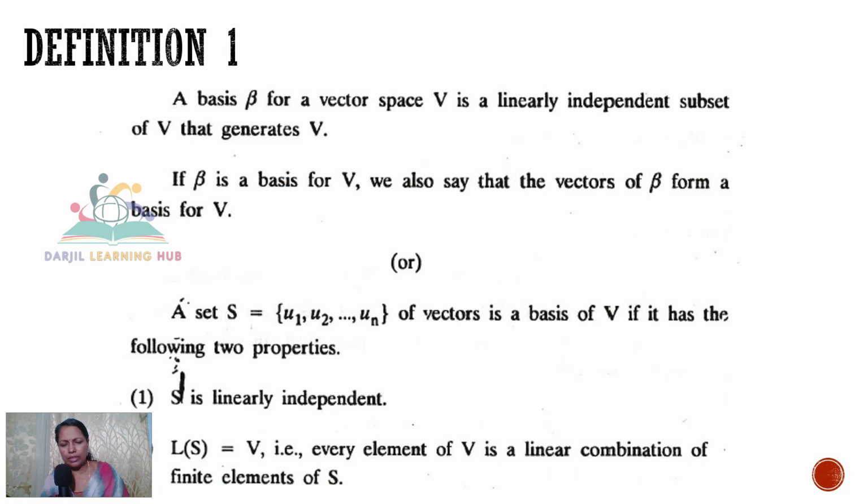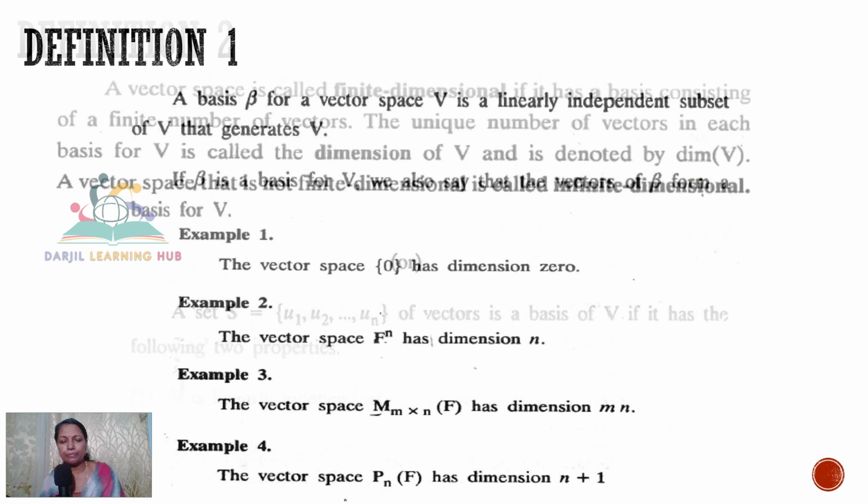If the 2 properties hold, we can call those vectors the basis of the given vector space V. Once again, a set S will be called the basis of the given vector space if S is linearly independent and the linear combination of those vectors spans V.